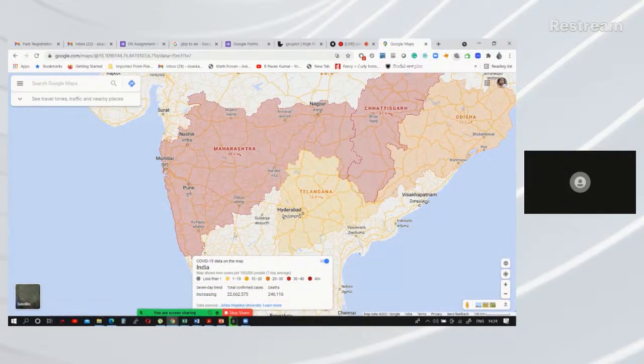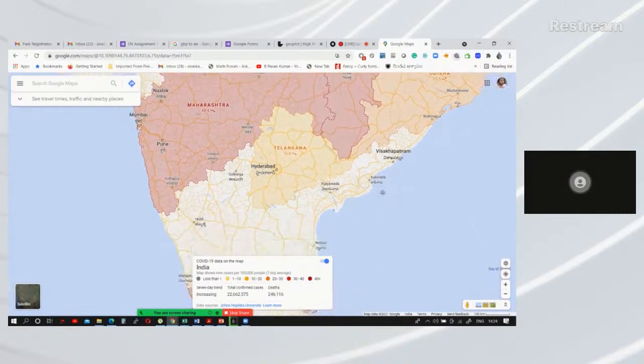Now look at this. This is the current COVID-19 situation in our Google Map.